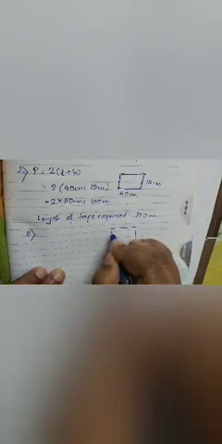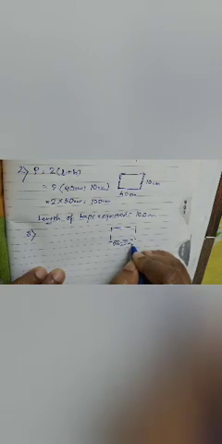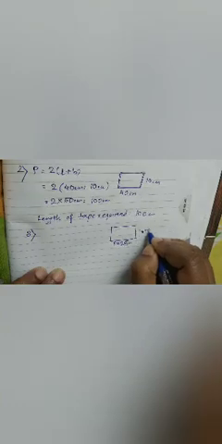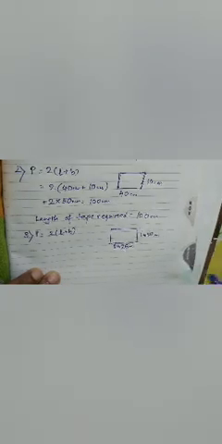Coming to question number 3. Question number 3 states, a tabletop measures 2 meter 25 centimeter by 1 meter 50 centimeter. So this is also a rectangle. What is the perimeter of the tabletop? Direct question. Perimeter is equal to 2 into (length plus breadth). Now converting this, either I can convert it into decimal or a whole number.